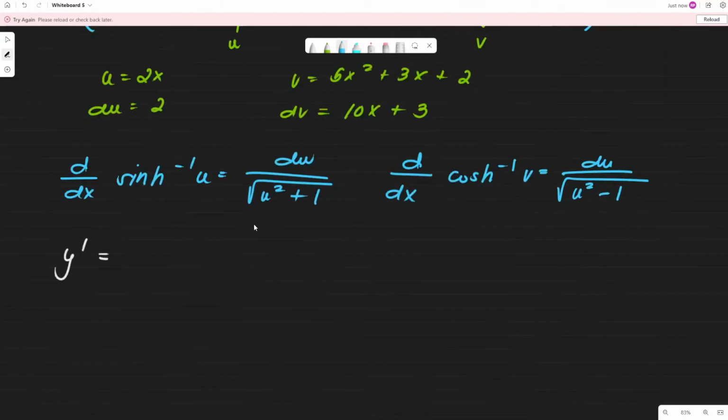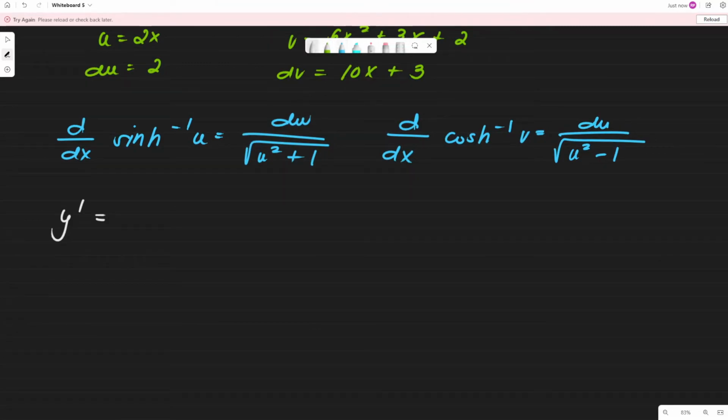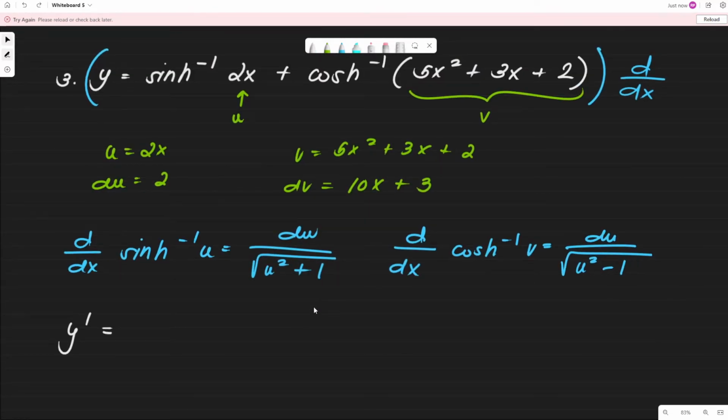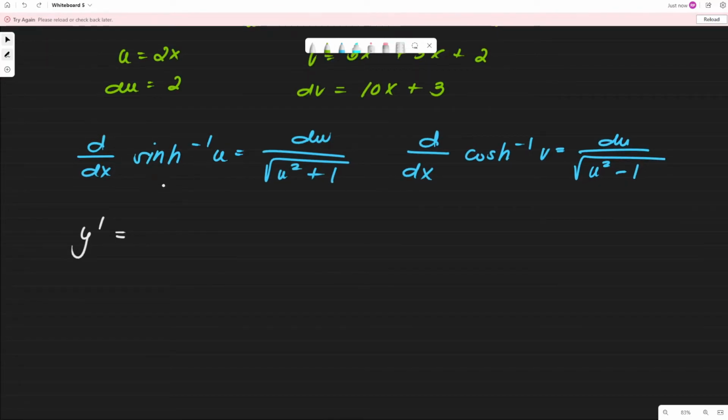Ayan. So, we'll have y prime is equal to... diretso na, no? So, du is equal to 2. So, that is 2 over square root ng 2x quantity squared plus 1. Mamaya na natin simplify, no?